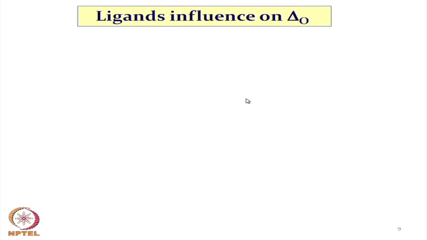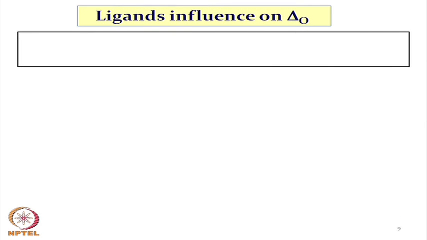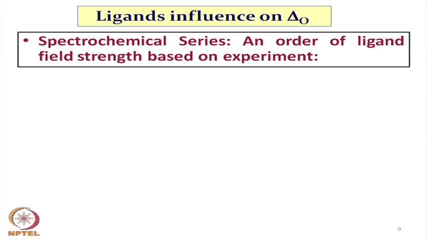So, now we see how these ligands can influence the corresponding delta octahedron values. So, we all know now that we have a corresponding spectrochemical series that we have seen earlier, the different entries for the different ligand systems, and after arranging those depending upon the strength of the ligand field around a particular metal ion, say it can be cobalt, as we have seen just now, or it can be nickel, or it can be copper.